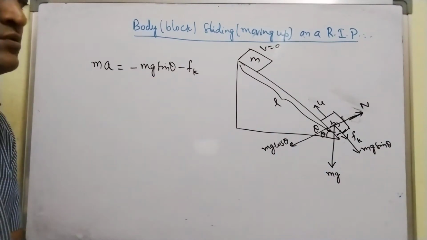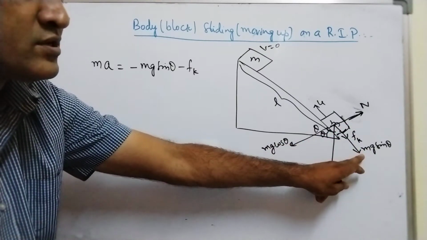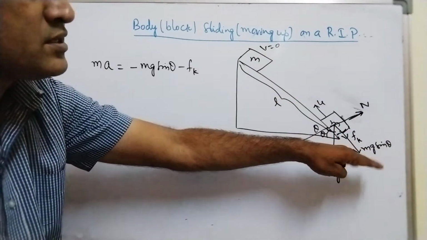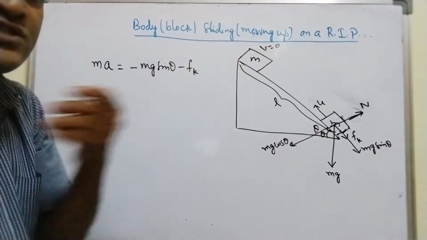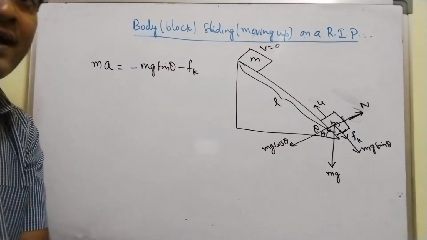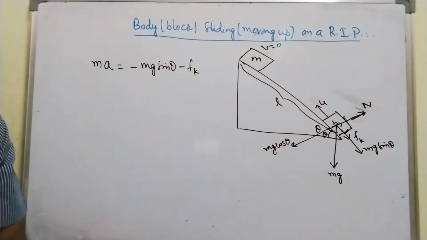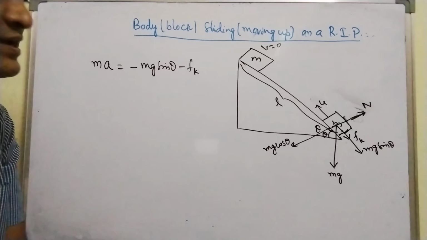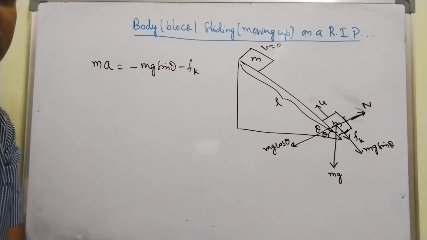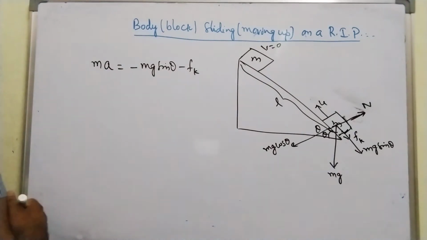MA is equal to, because Fk and mg sin theta both are acting downwards, and the block is moving in the upward direction. Therefore, the value of acceleration should be negative. What I am getting is negative acceleration, or I can say retardation. If I say retardation, I won't put a negative sign, but here I am putting a negative sign.